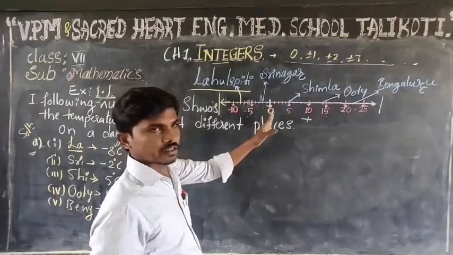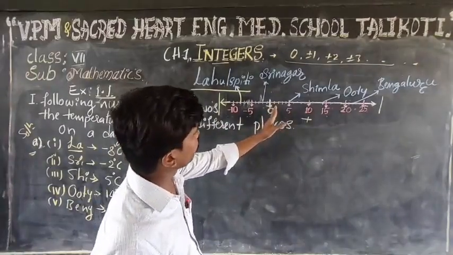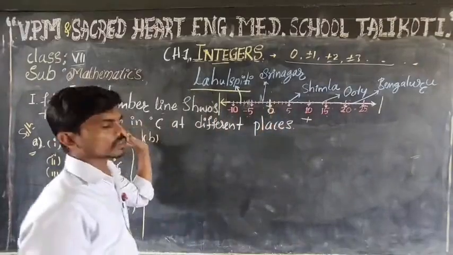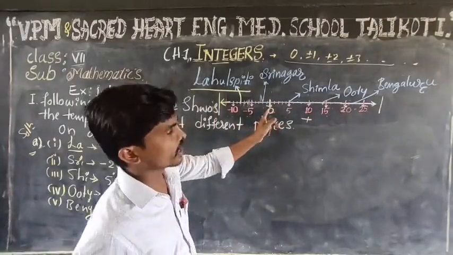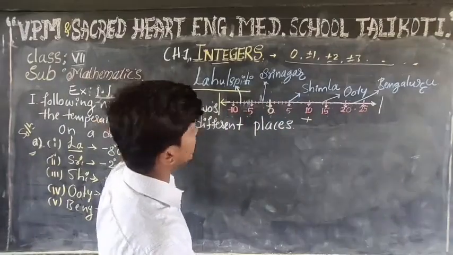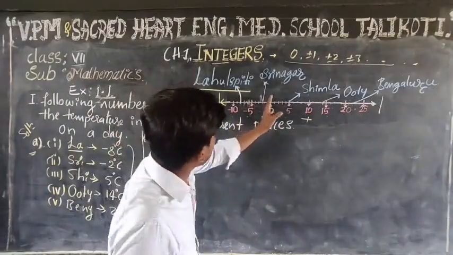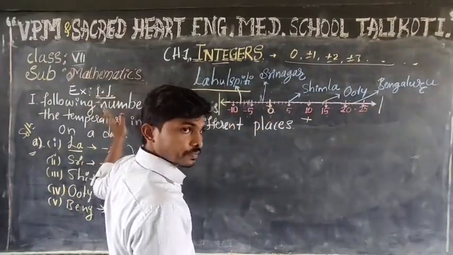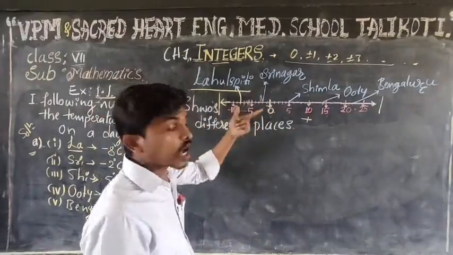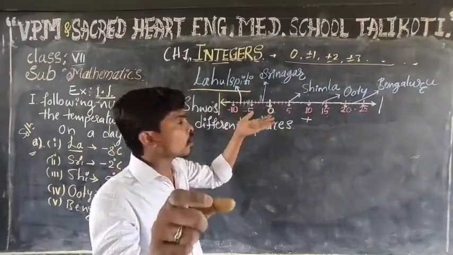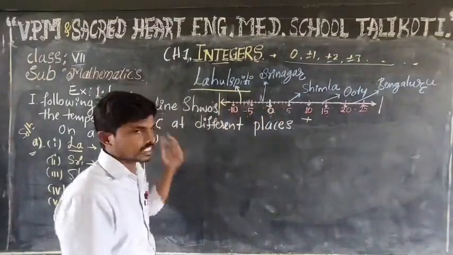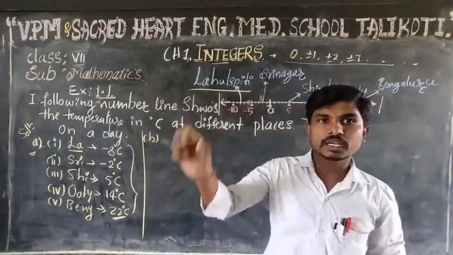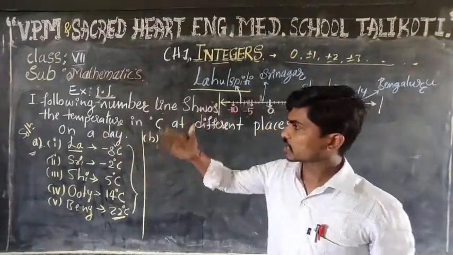On a number line, when we move away from zero on the negative side, the value decreases, meaning the value becomes smaller.